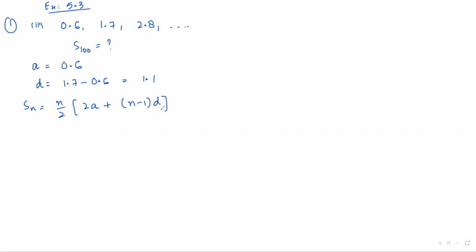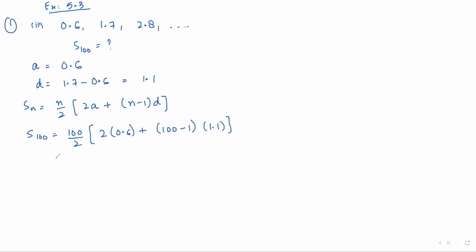Because the last term is not there, I'll use this formula. S100 is equal to 100 divided by 2, and then 2 into 0.6 plus 100 minus 1 into d, which is 1.1. Now the rest is all calculations.